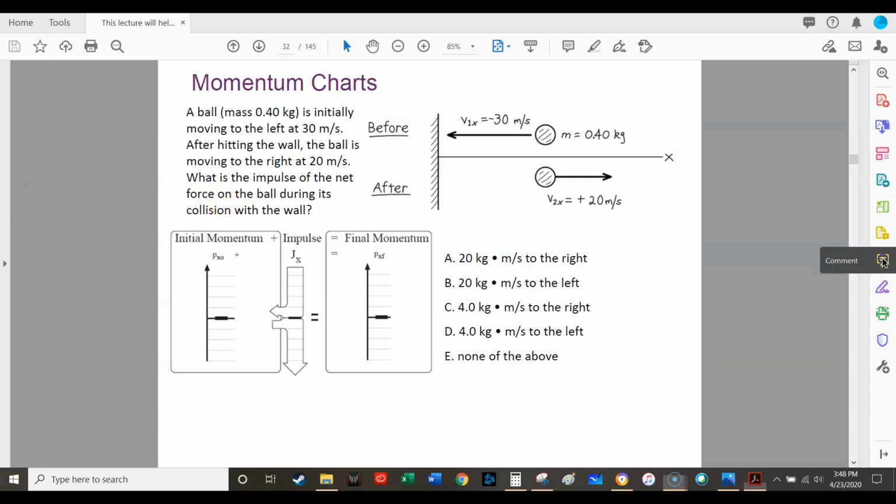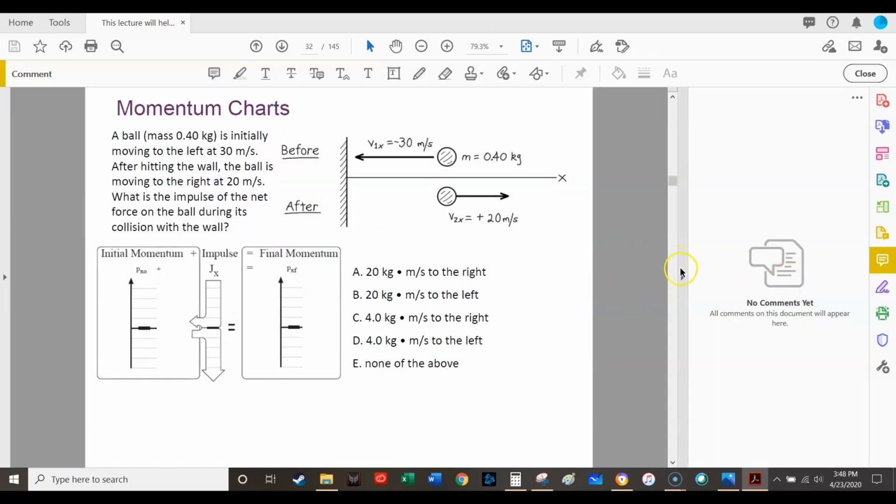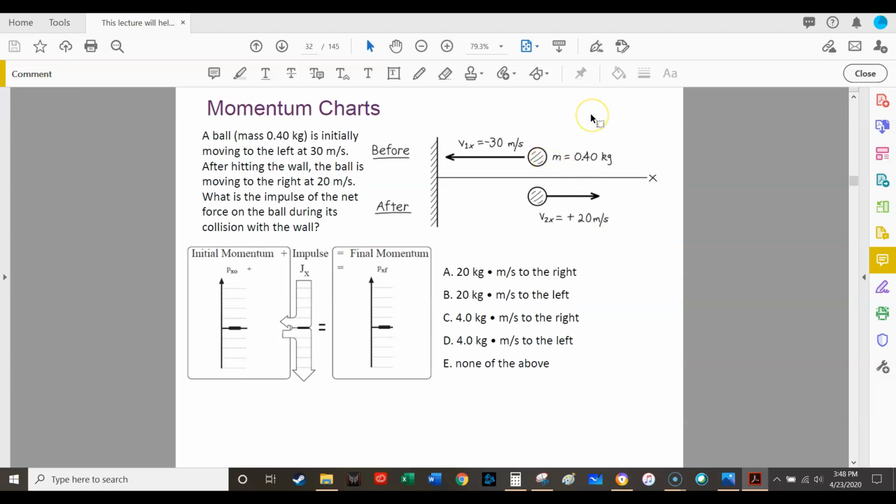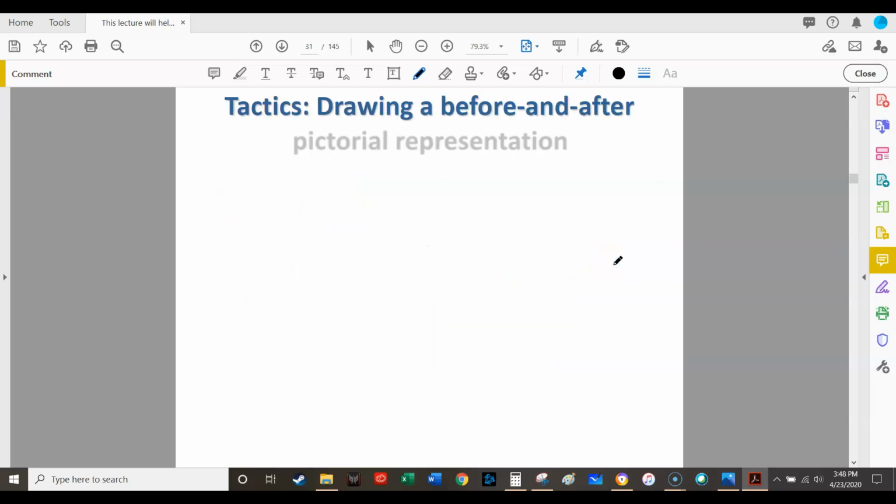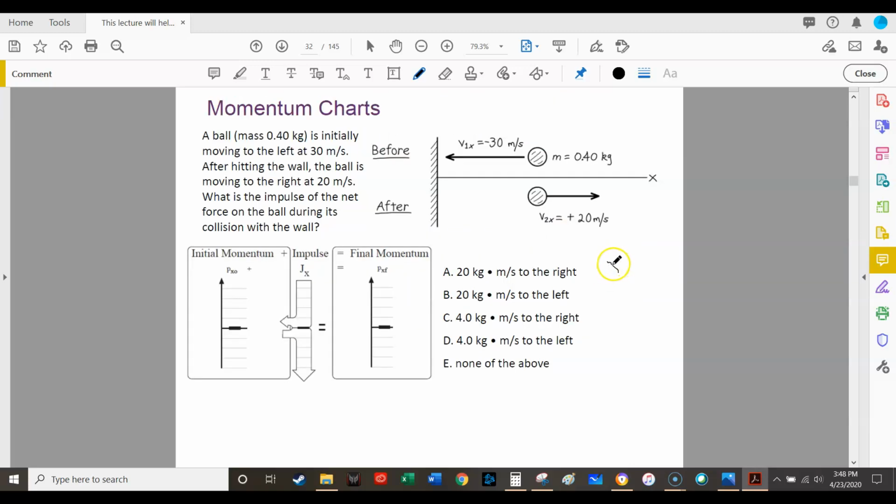Let us begin. I'm going to mark up this document. So what I'm going to do first is list out what our knowns are. Well, we have the mass of the object, which is 0.4 kilograms.